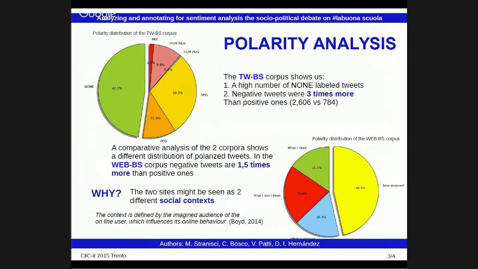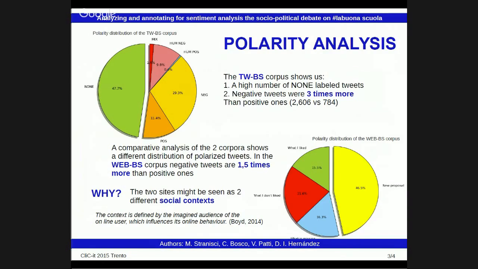They are 3 times more. Otherwise, the distribution of polarized labels on the corpus of the consultation by the Renzi government is more balanced.